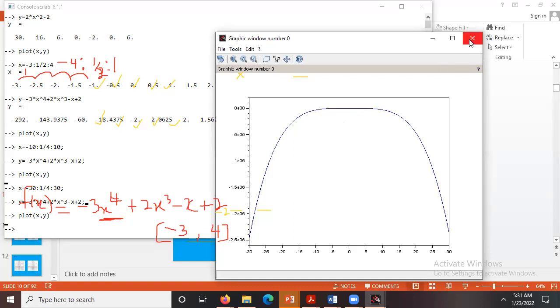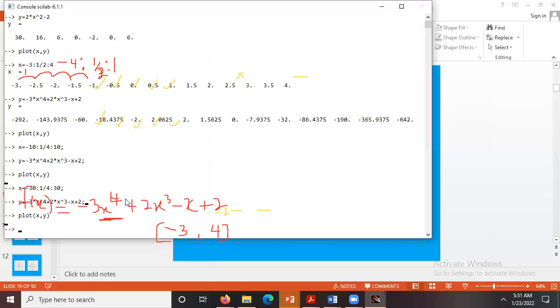Now let's try another graph. Let me go to my slide and see if we can get a very nice function.